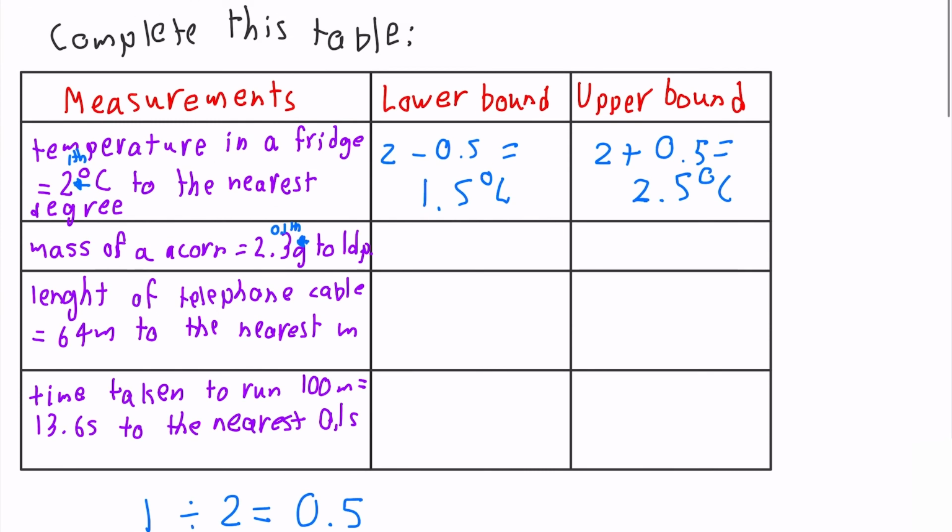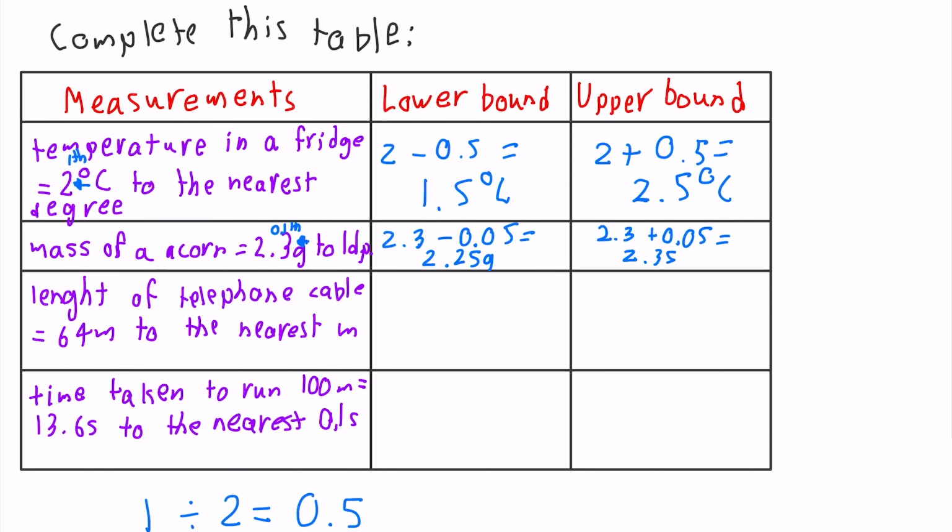So 2.3 minus 0.05 equals 2.25, and 2.3 plus 0.05 equals 2.35.